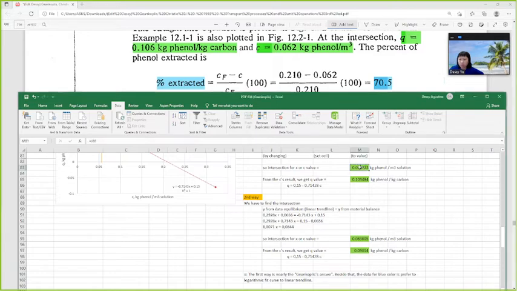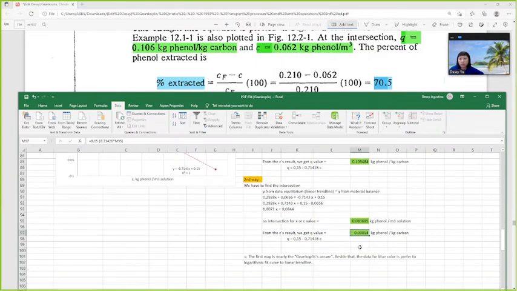This is the value of C, and this is the value of C with linear, and then we get Q here.